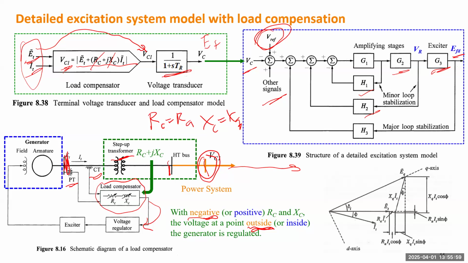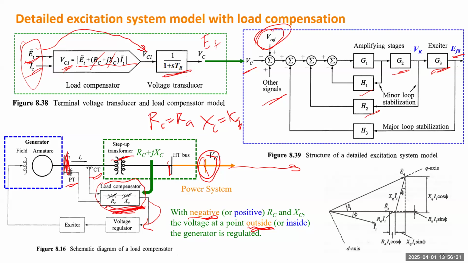Then you just need to estimate the total impedance from the terminal to that point. Then based on the R and this X, you implement that value here. Then when you control the exciter, it doesn't control the terminal of the generator, it's actually controlling that remote location. Okay, is that clear? Does that make sense? That's why sometimes we need this load compensator.